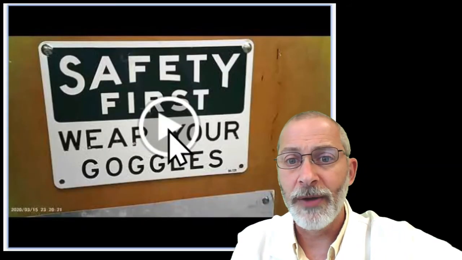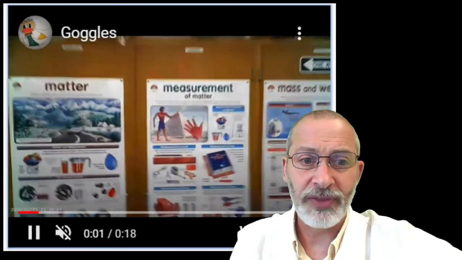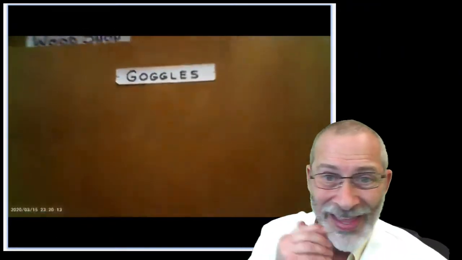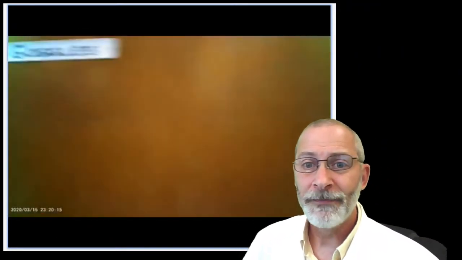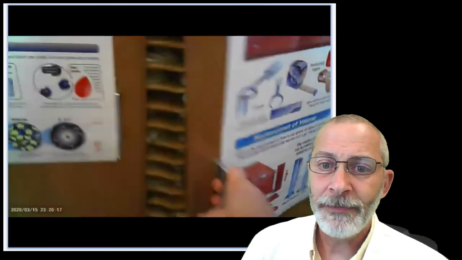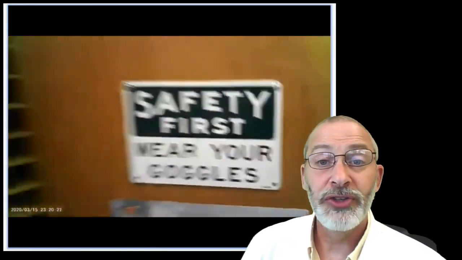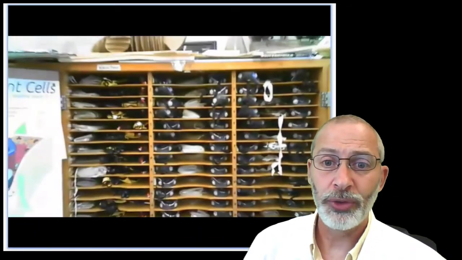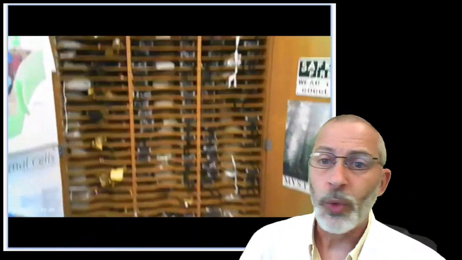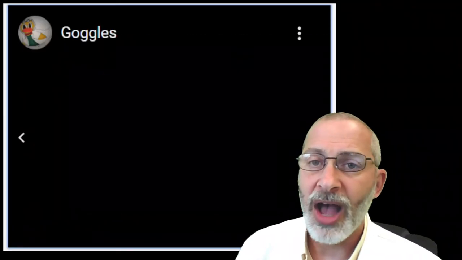And this is where you will find your safety goggles. In the back of the room is a cabinet labeled goggles. And opening up the cabinet, both sides are dedicated goggles for you and only you throughout the year. We do not share goggles.